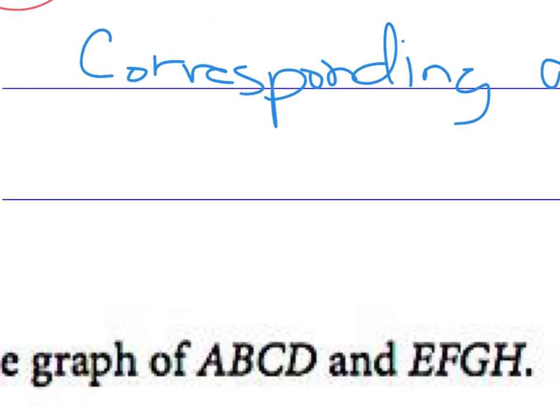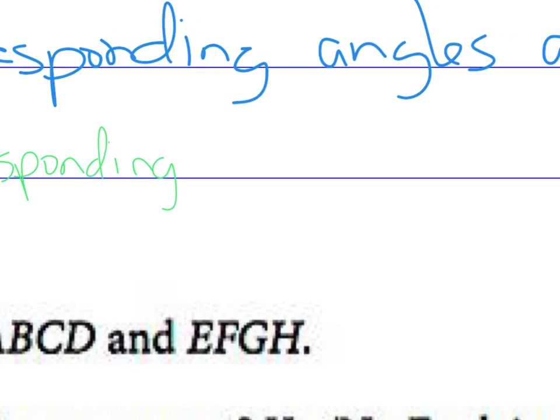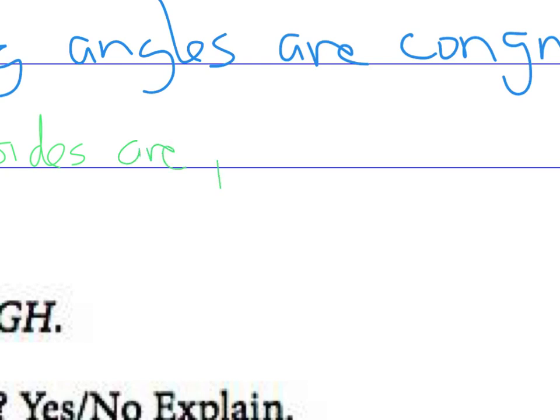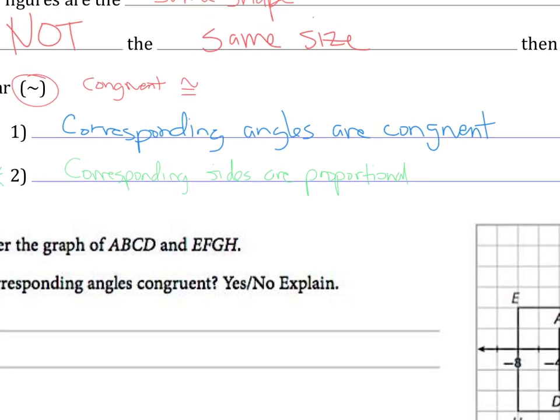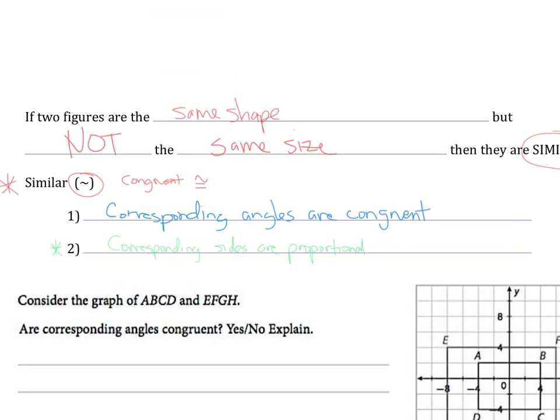And that is this: corresponding sides are proportional. The sides are not congruent because the sides are what make them different sizes. If the sides were the same length, then they'd be the same size. But we just said that they're not the same size, and if they were, then we would call them congruent. Since they're not, we would call them similar.